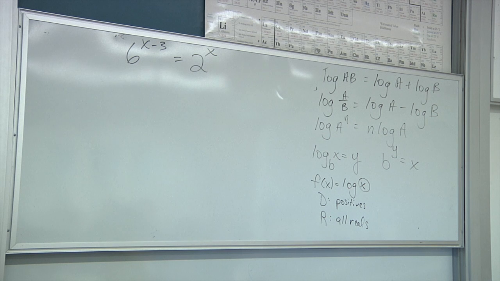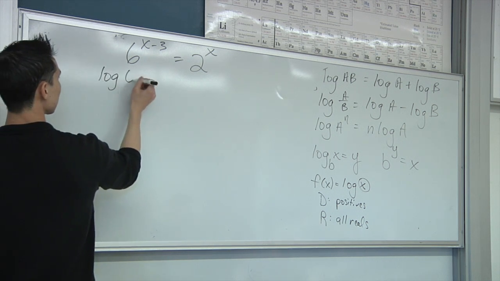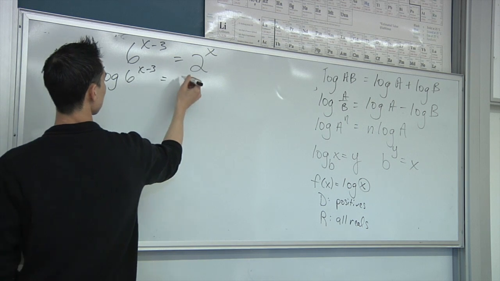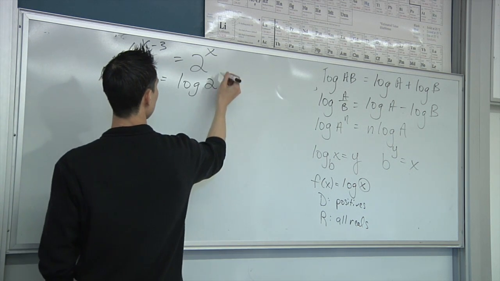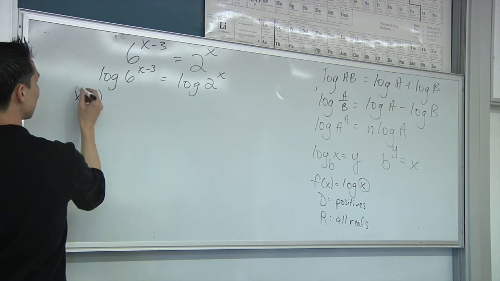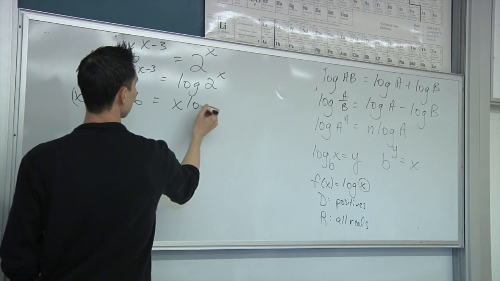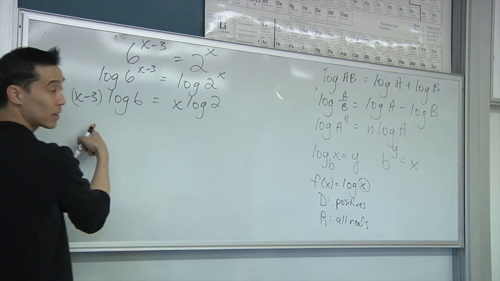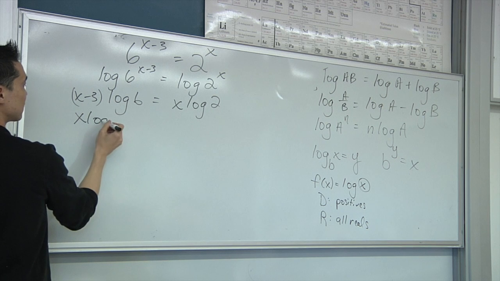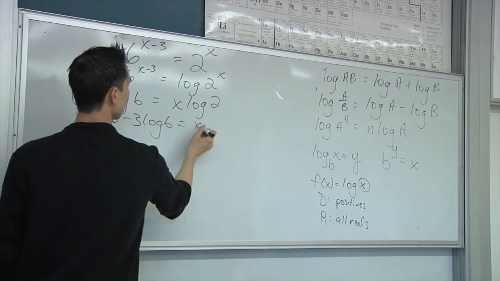All right, let's take a look together. Log of both sides first, right? Then I could bring down the numbers in front. X minus 3 log of 6 equals x log of 2. Then I distribute here. X log 6 minus 3 log 6 equals x log 2.